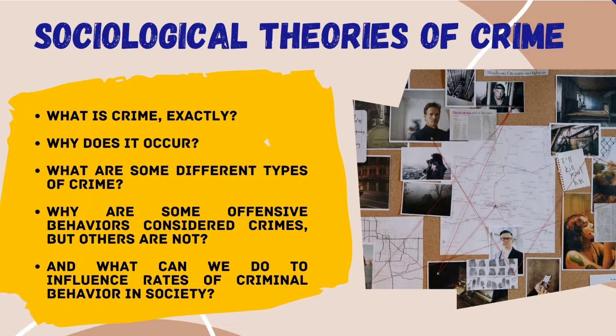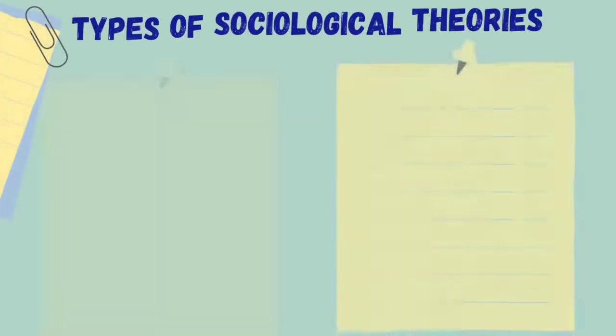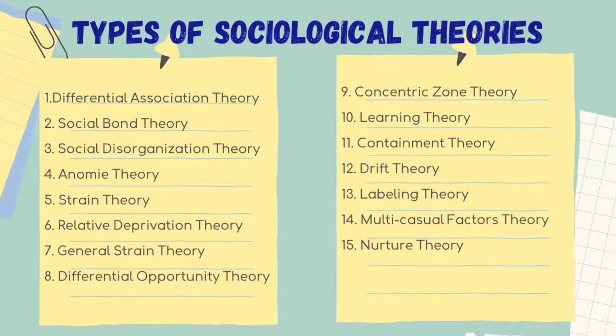And what can we do to influence rates of criminal behavior in society? Sociological explanations, on the other hand, help comprehend the social patterning of crime and fluctuations in crime rates, and they also lend themselves to feasible strategies for decreasing crime. Following is a quick summary of various explanations. So these are the types of sociological theories.